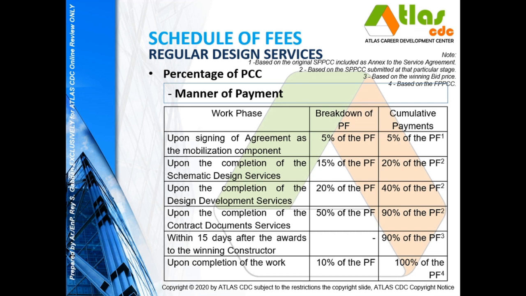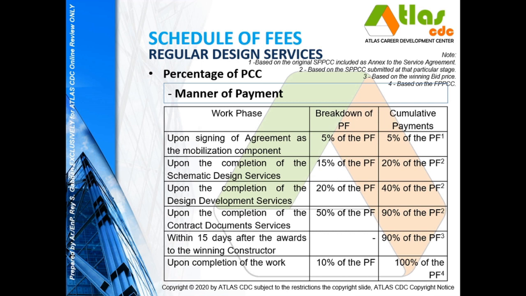Now, upon completing the schematic design services, you get an additional 15%, so that the total payments to be made by the client should be already around 20% of your professional fee.